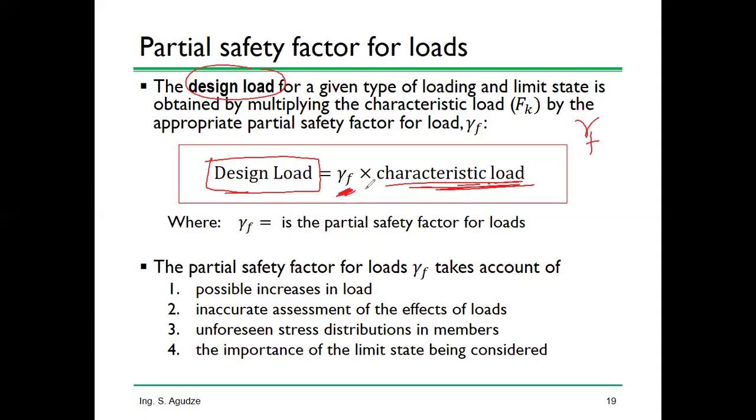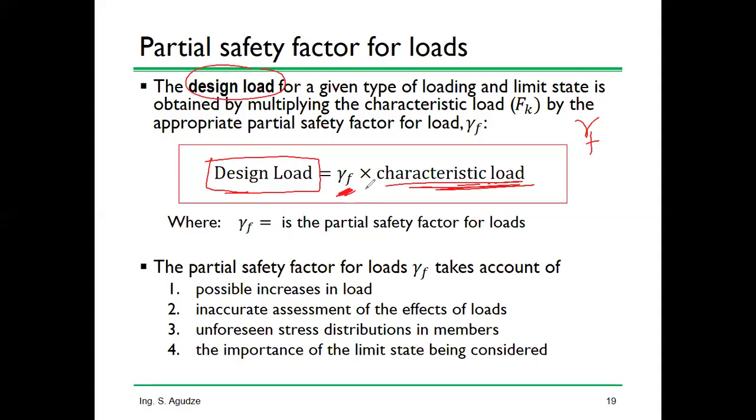And here you notice that the partial safety factor for load takes account of: one, possible increase in load; inaccurate assessment of the effects of loads; unforeseen stress distribution in members; and the importance of the limit state being considered. These are the reasons why we use the partial safety factor for loads. In one of my exams I asked students to just provide reasons why the partial safety factor is used, and people were just scoring 0 left, right, center.